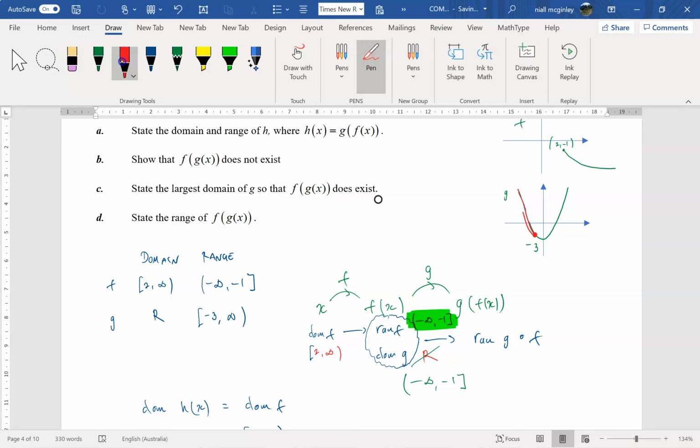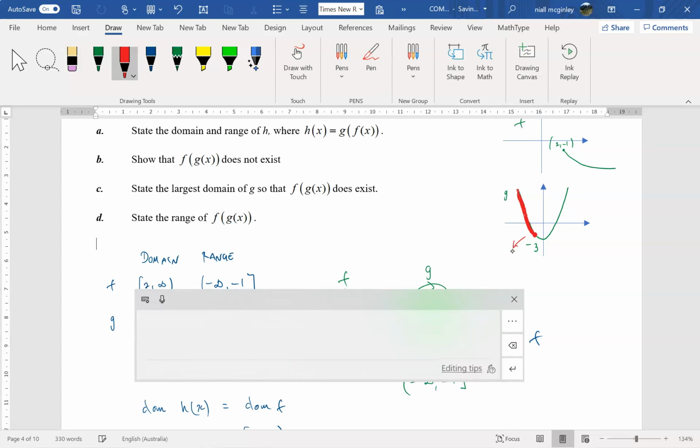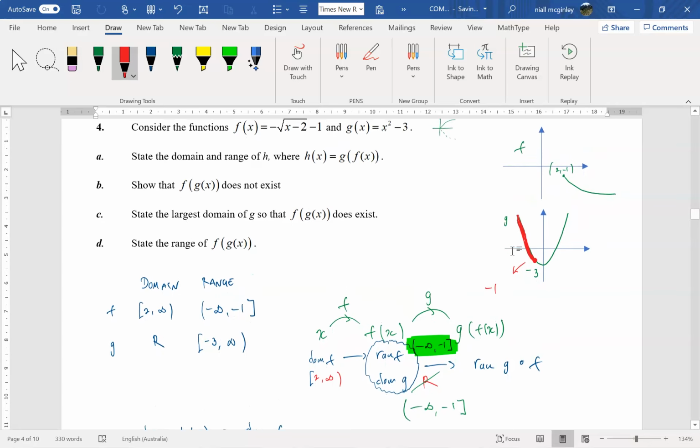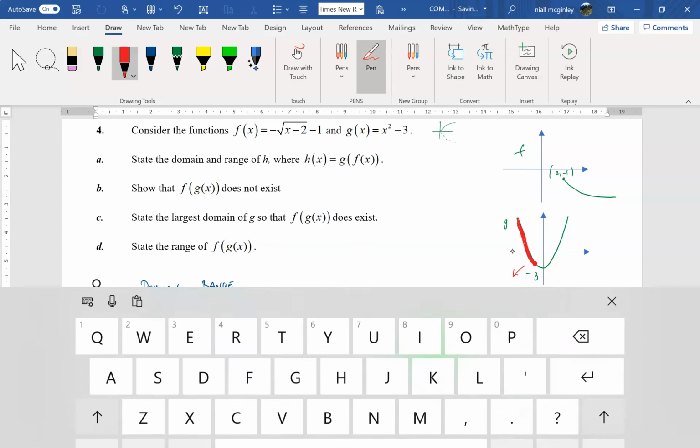So this is how we're going to work out the range using just this part of the function. Because no longer do we have all real numbers, because we're only using these values here on this second part g. So this coordinate here is going to be minus 1. And then subbing minus 1 into my function, x squared minus 3, it's going to be minus 2.